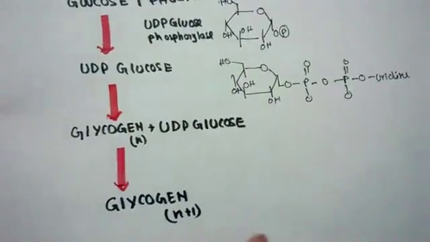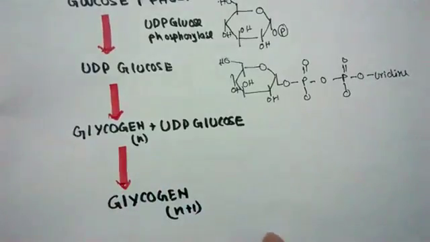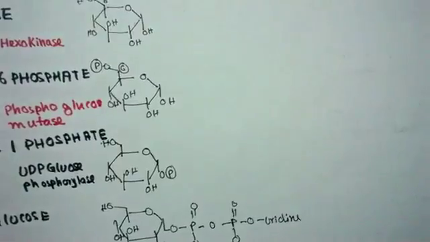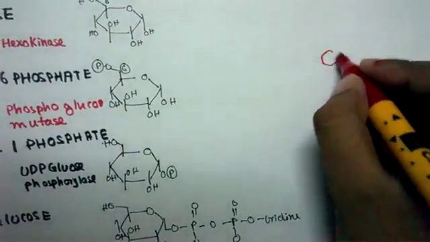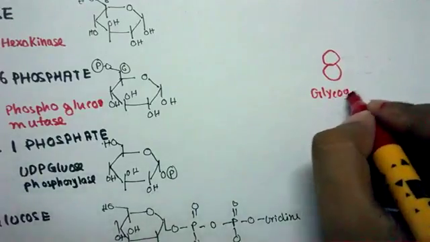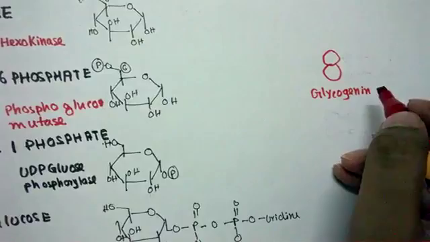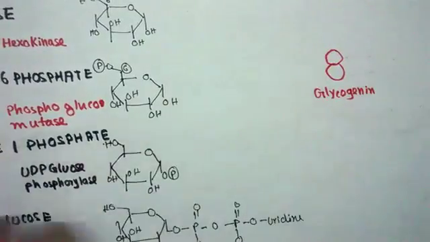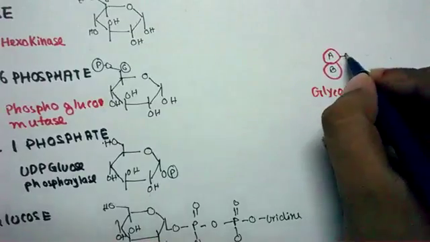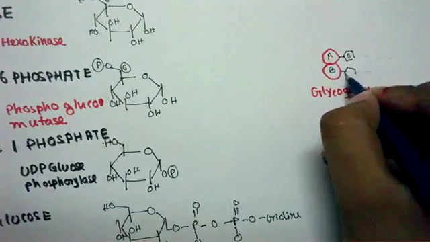Now if we talk about how this preformed glycogen polymer appears, we should talk about a protein named glycogenin, and this glycogenin protein is actually a dimer. It has two subunits, subunit A and subunit B, and at the terminal position it has a tyrosine group.